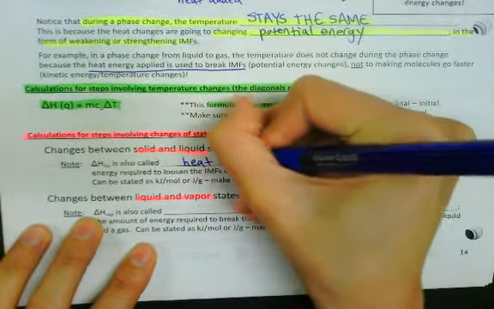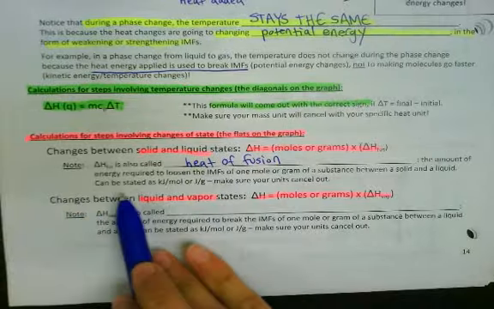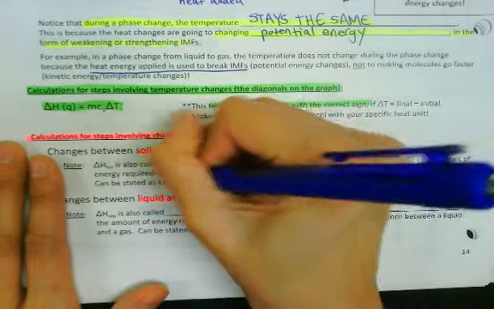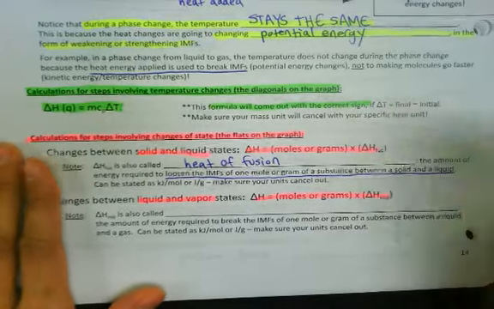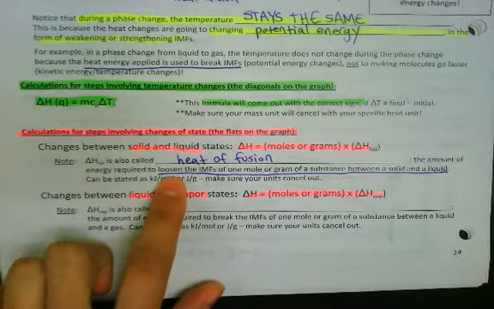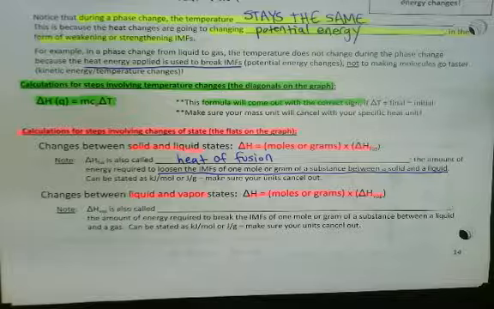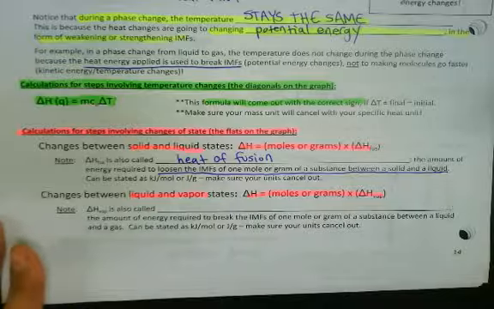Heat of fusion is the amount of energy required to loosen the IMFs of 1 mole or gram of a substance between solid and liquid state. So notice how this is just like loosening IMFs. That's what is accounting for all that added thermal energy, or thermal energy that's being taken out: the loosening or the strengthening of IMFs.